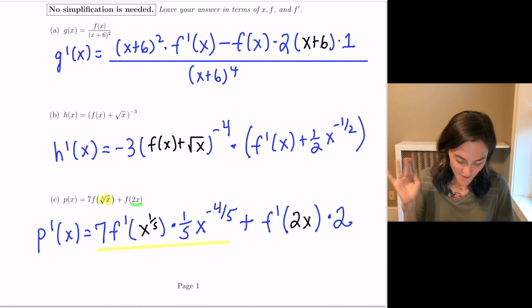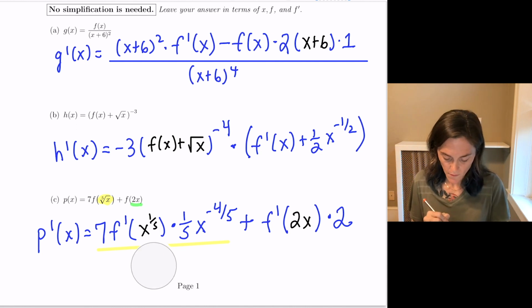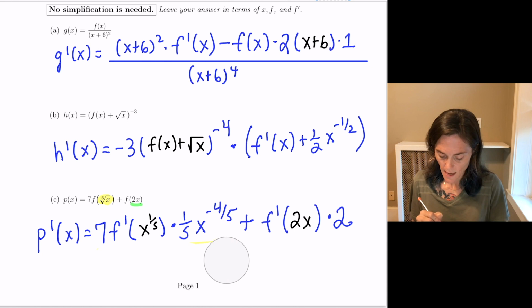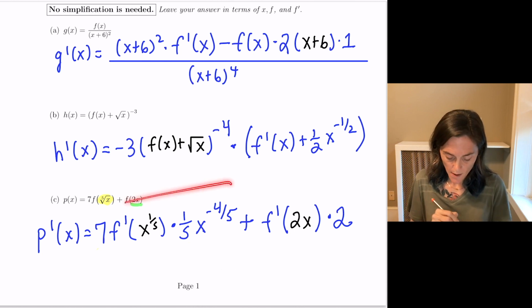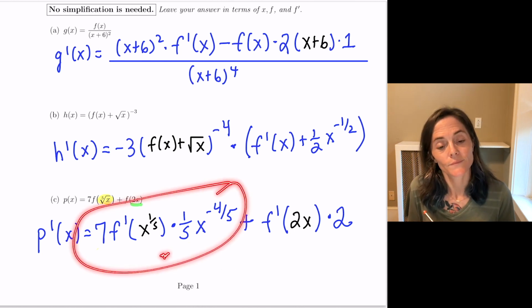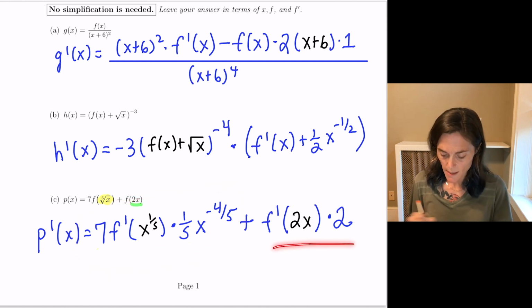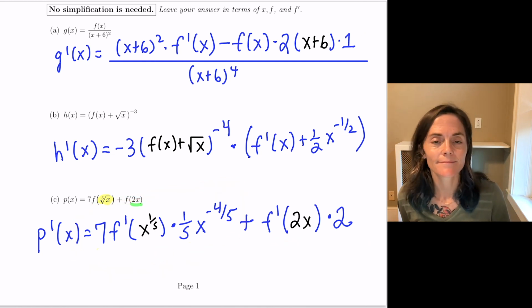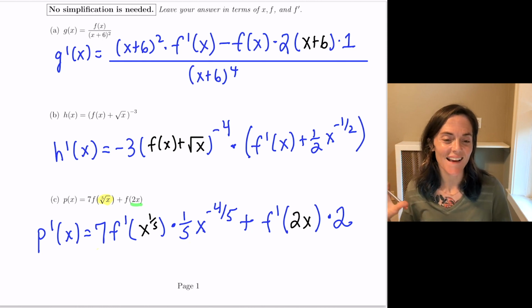So now I have differentiated the second one. Maybe I will erase this highlight. But this part is the derivative of the first term, and then this part is the derivative of the second term. Chain rule, both times.